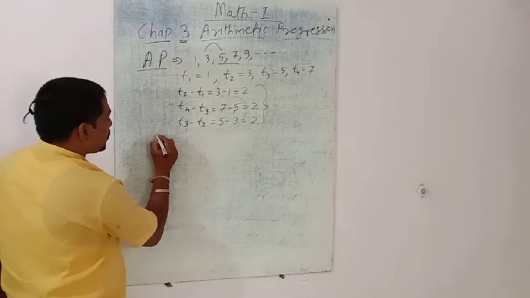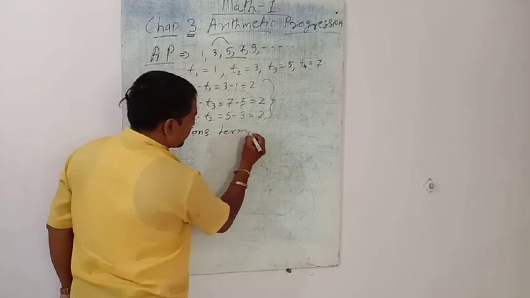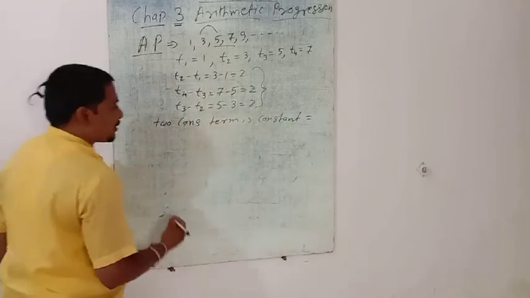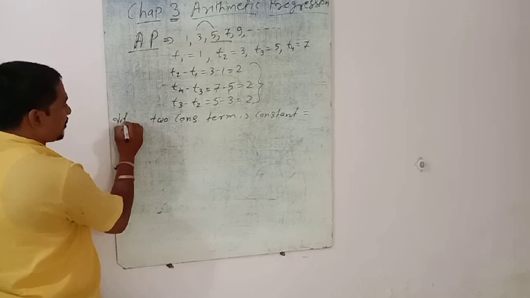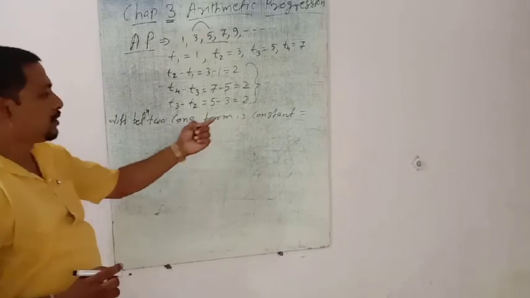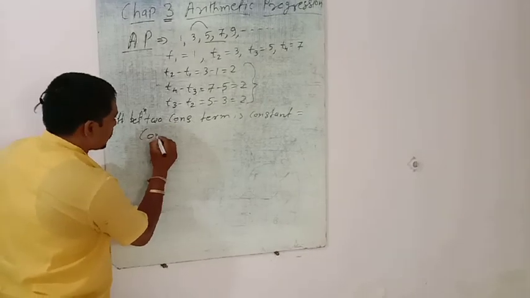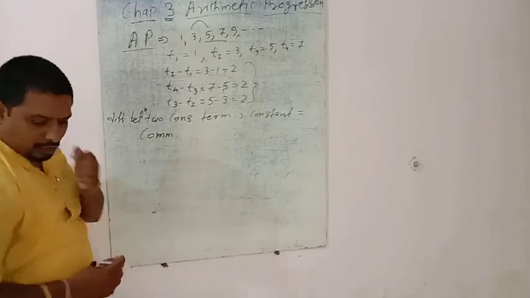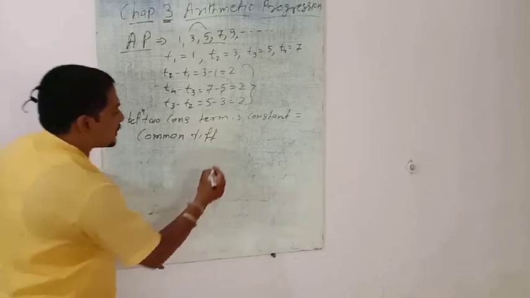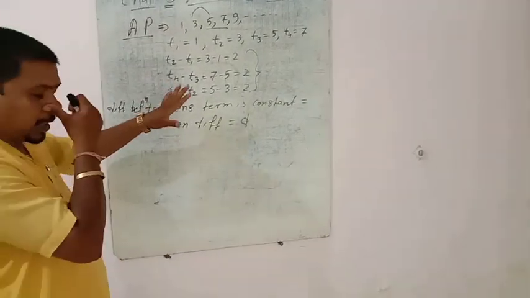Now the difference between two consecutive terms is constant, so it is also called a common difference, and it is denoted as capital D. So, what is arithmetic progression?